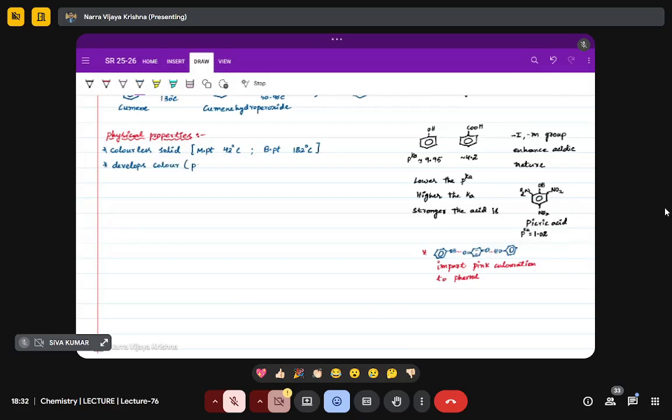Either you can see that color as pink or red on exposure to air. Reason? Due to oxidation.